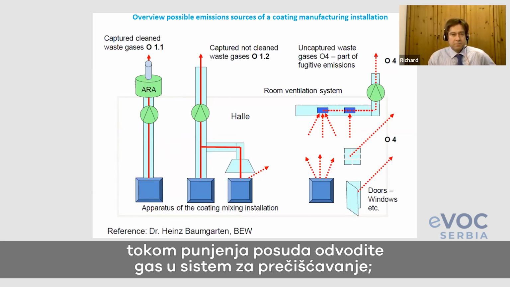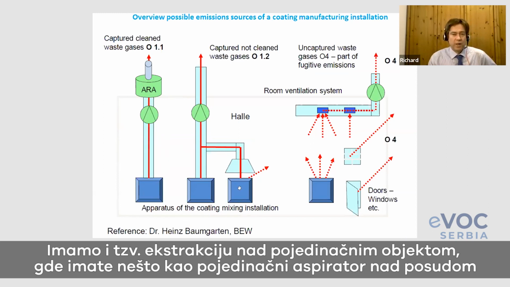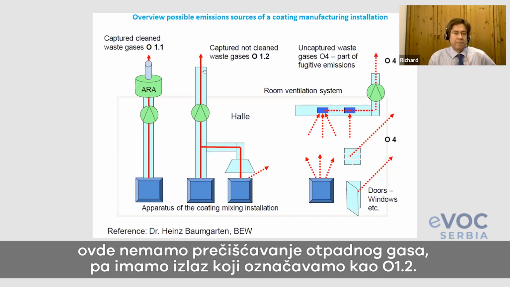That could be one possibility, or where you have what we call object extraction. You have something like a hood on one container or vessel, and you extract the waste gases and put it to a stack. Here we have no waste gas abatement, so we have a differentiation, what we call O1-2.